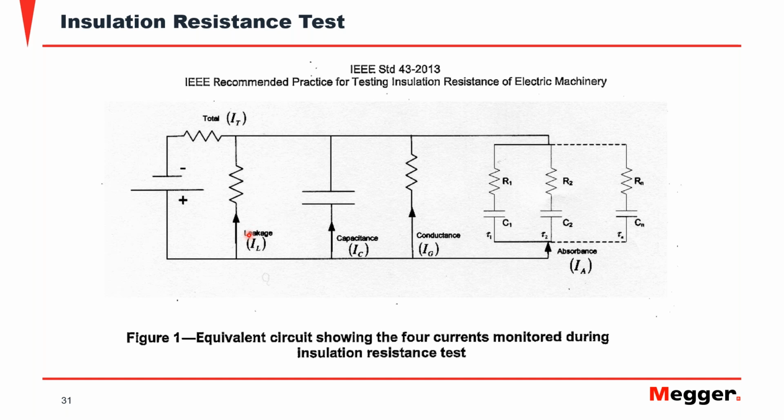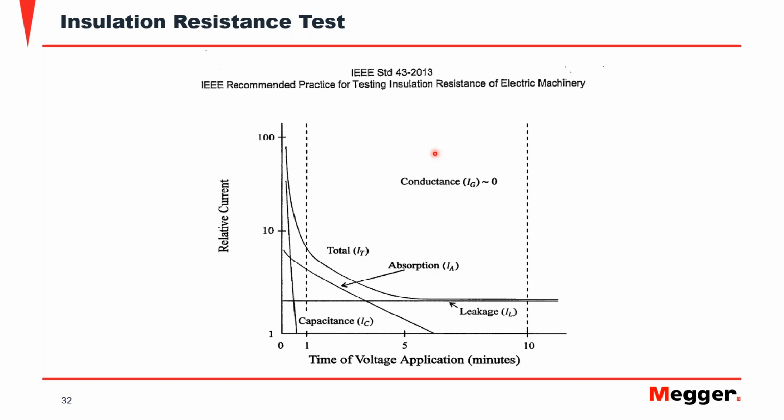And then you have some other current, which you can see here under the absorption current, that's going into the insulation, but that's actually energy that's going to be spent changing the direction of the polarization plane of the molecules that form the insulation. Now, I'm not interested in this current or this current. I'm only interested in the leakage current, but all of those currents circulate into the insulation at the same time.